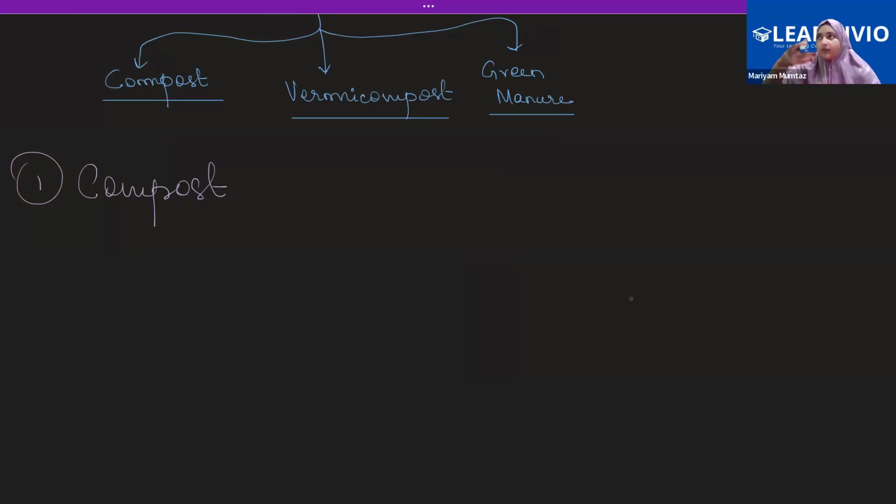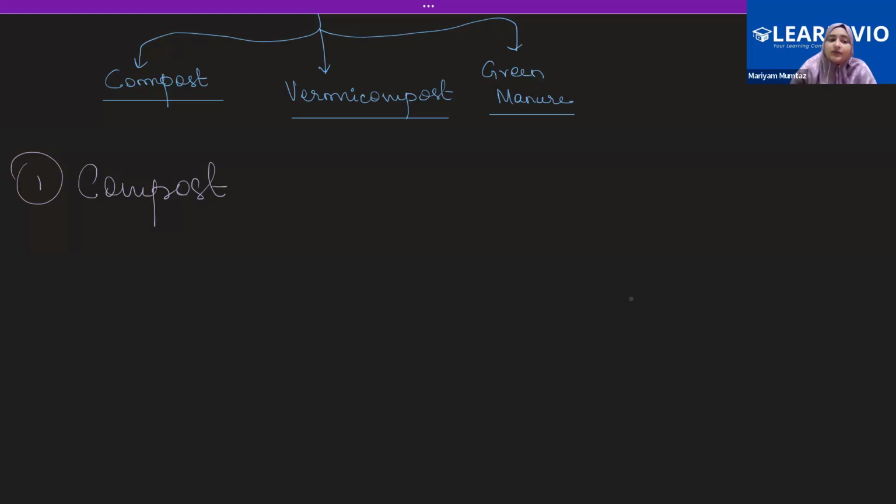A big hole is dug in the ground, all the waste materials are kept in it, and then it is covered with a soil layer. Slowly it starts to decompose, and what you're left with is the compost. This process wherein compost is prepared, we call the composting process.